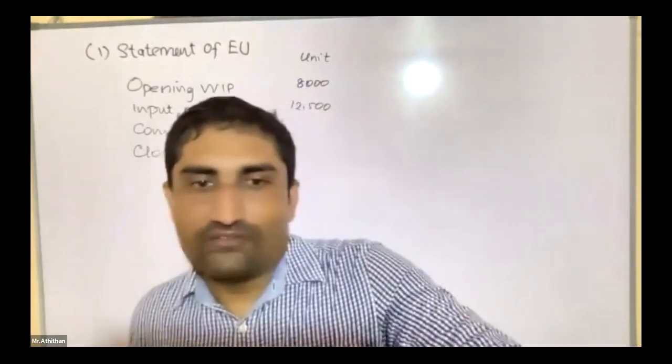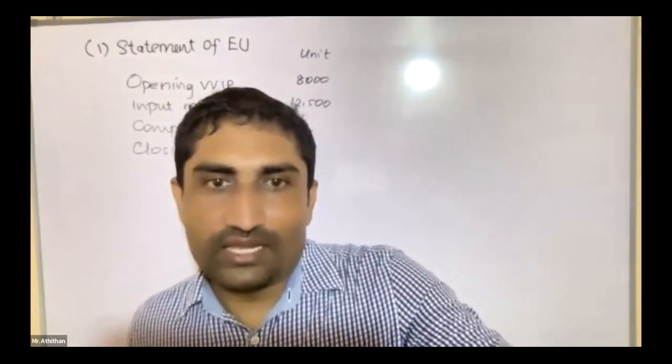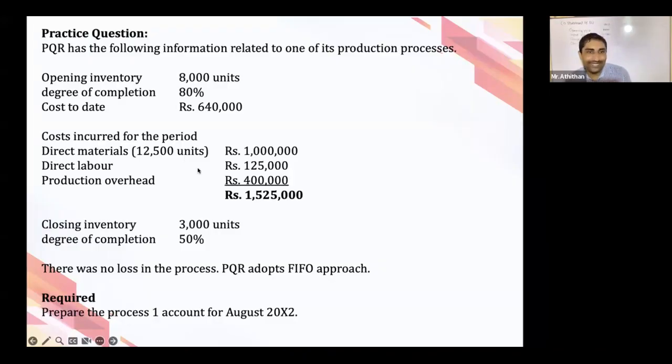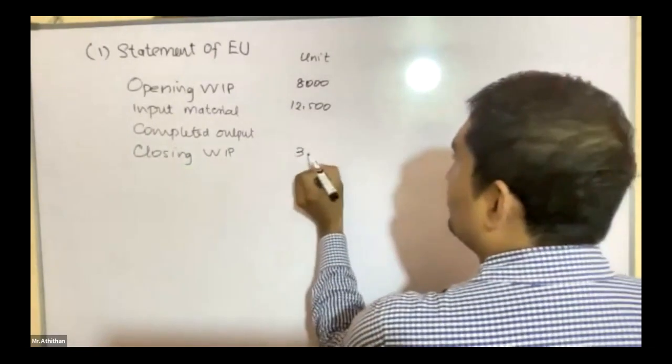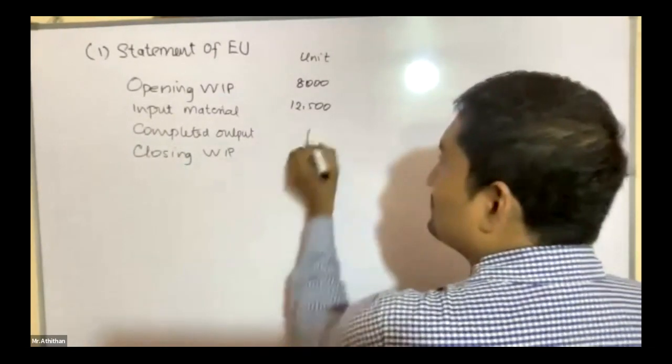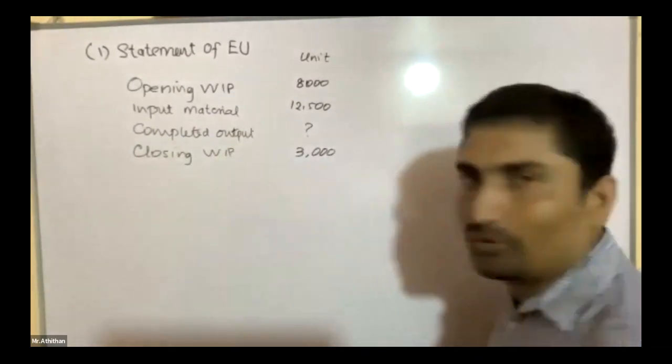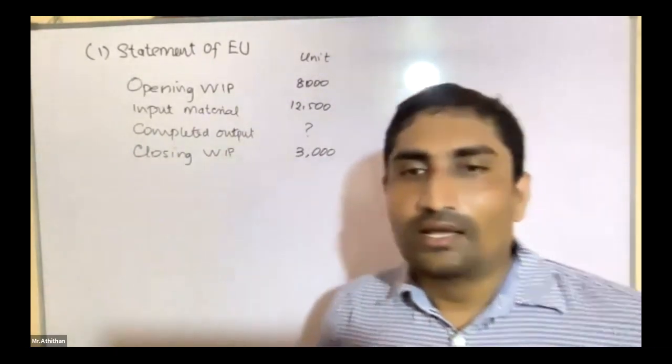Now we have to take what is completed and what is balance. Closing inventory 3,000 units. Closing WIP 3,000 units. Right. So how much is the completed output in units?